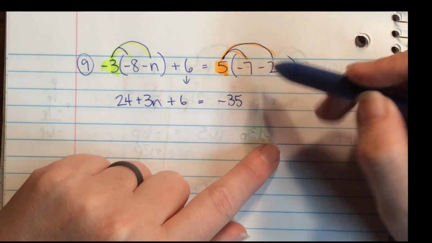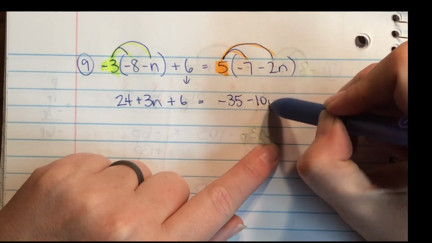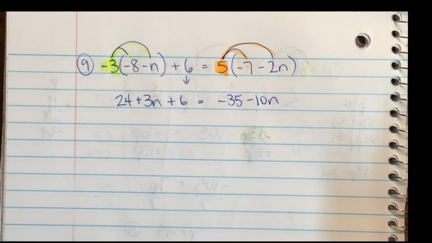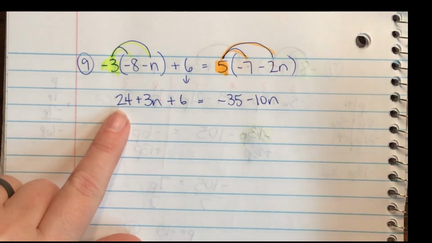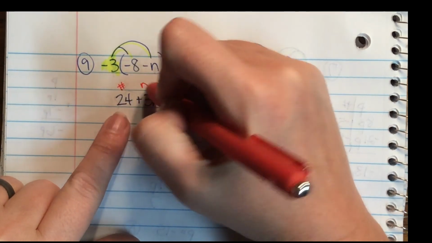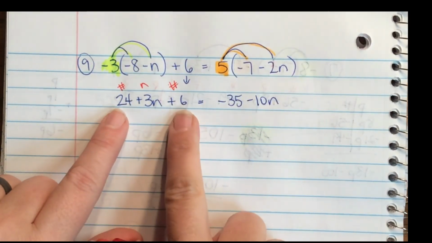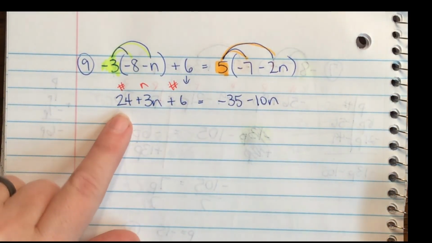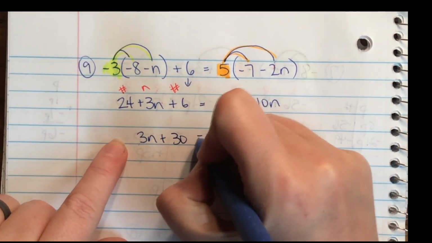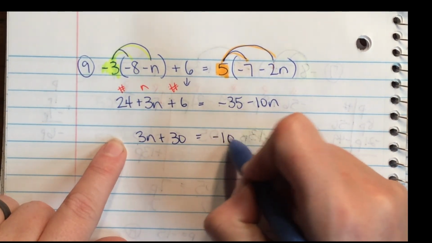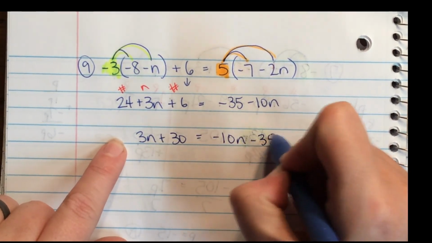And then 5 times -2n, which is -10n. So the only thing I have to do really is just add these two numbers. This one's pretty clean. I have two numbers, so 24 plus 6 is 30. So I'm going to get 30 over here, and I'm going to rewrite this so that my variable's first.